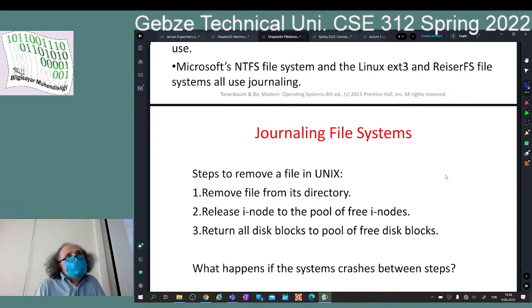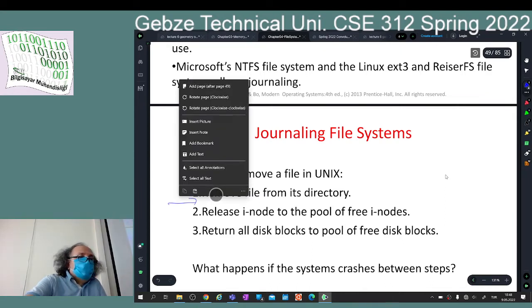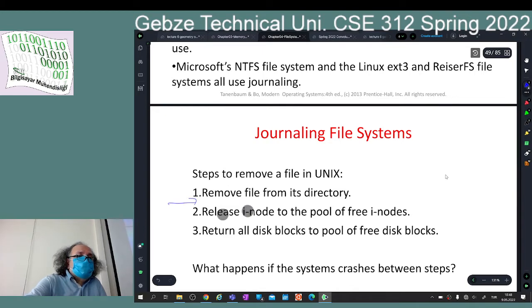This way, when the system crashes at some point and you boot up your computer again, the file system knows that you planned to do these three steps, but you have completed only one. You can continue doing the second and the third one, or you can undo the first one, because you made your intention known before you started.